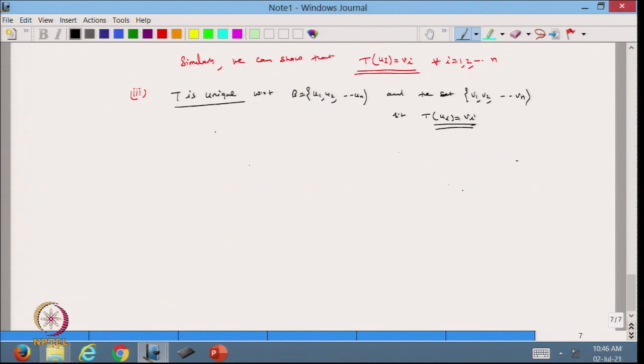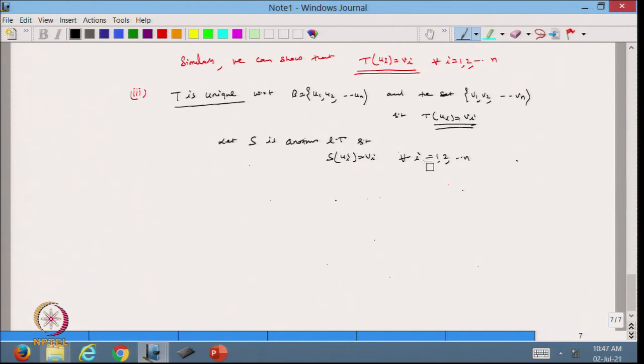So, this we can prove by contradiction. Let S be another linear transformation such that S of u i is equal to v i, true for all i, 1 2 up to n.